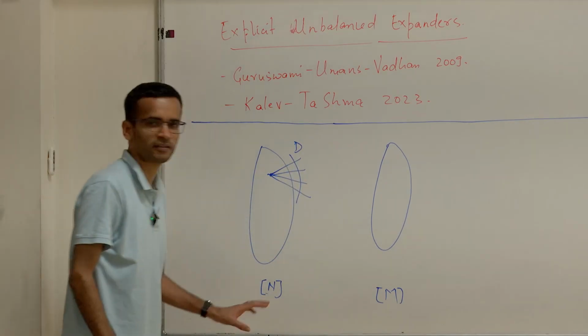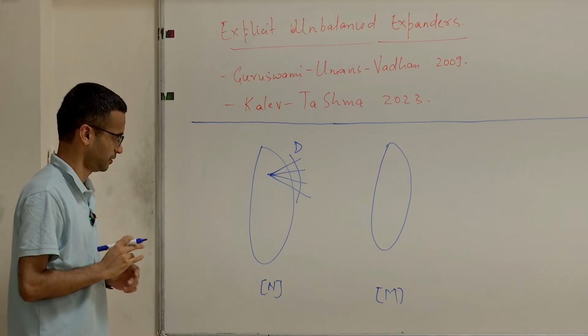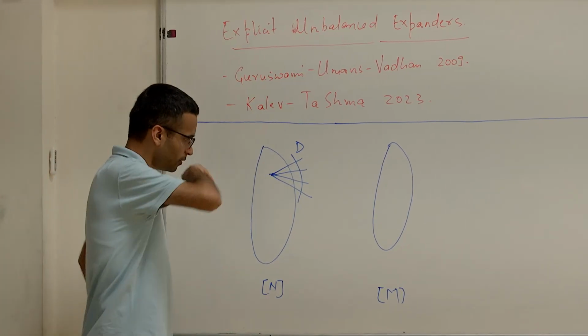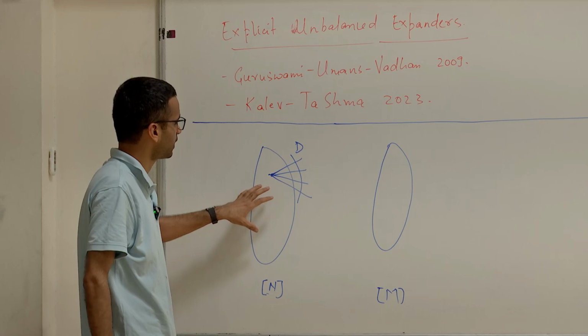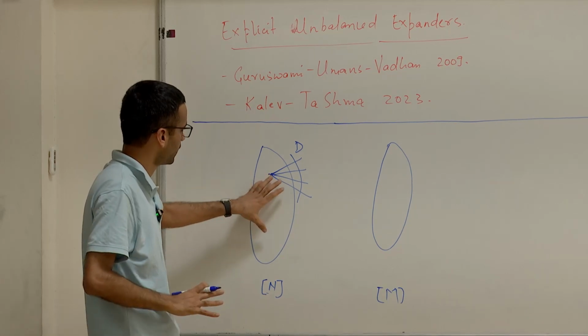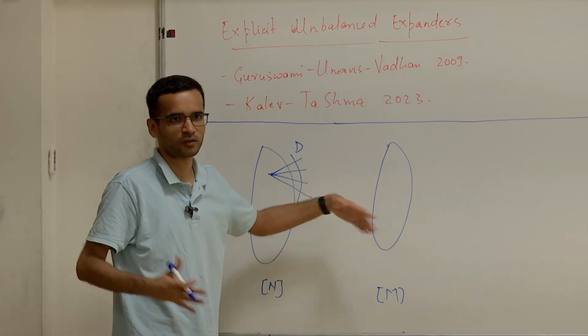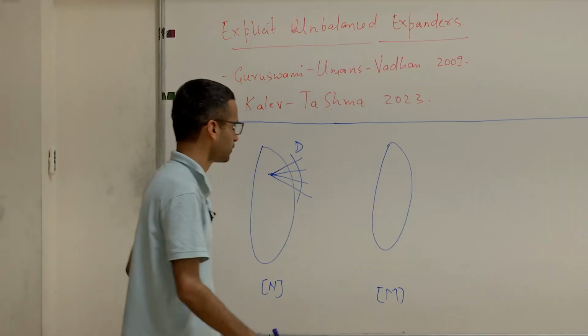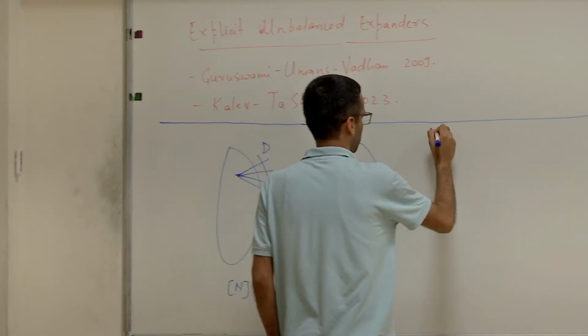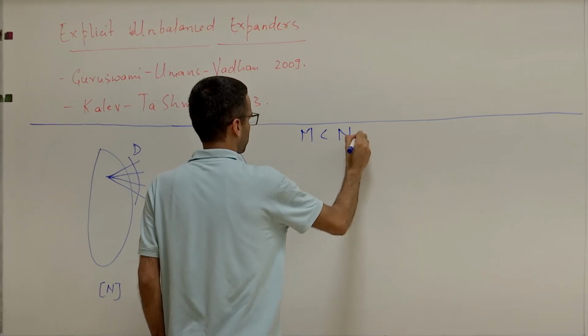And d is the degree. These are the three parameters that we'll largely work with. You should think of this as the setting where the left side is much larger than the right side. So you're compressing. So m is less than n.